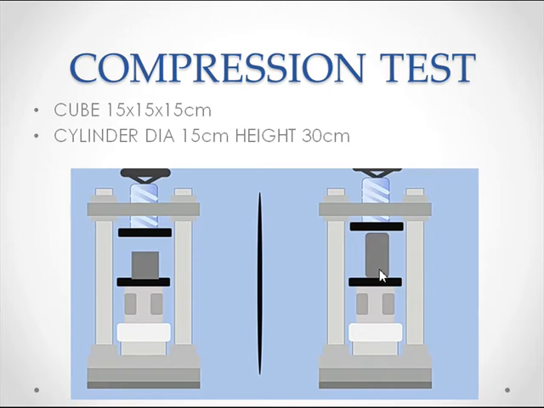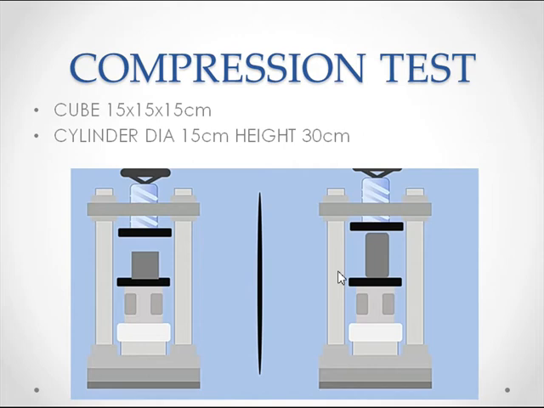The procedure of testing: we have to place the concrete mold, cube specimen like this and cylindrical specimen like this. We have to apply the load gradually at a rate of 140 kg per centimeter square per minute.